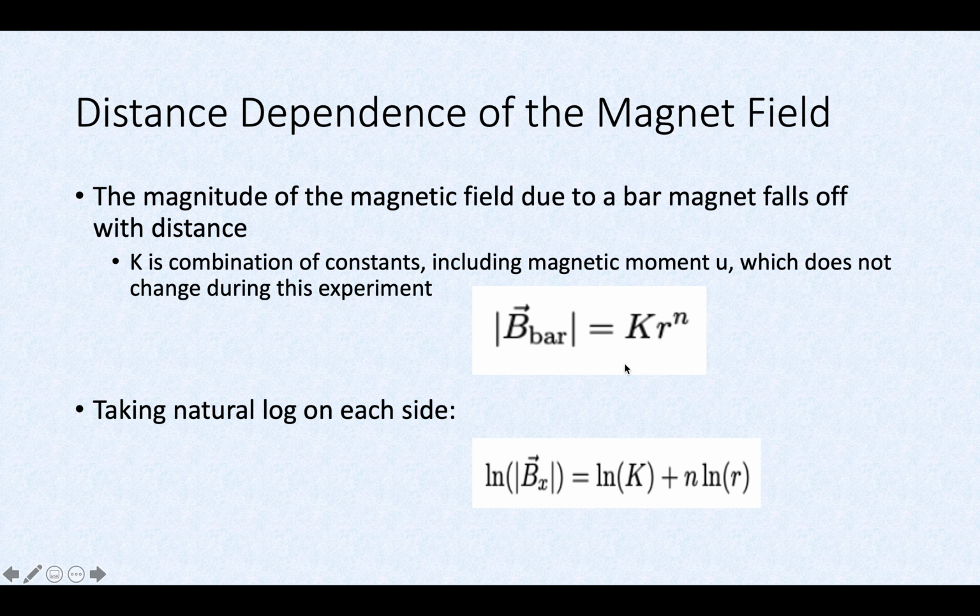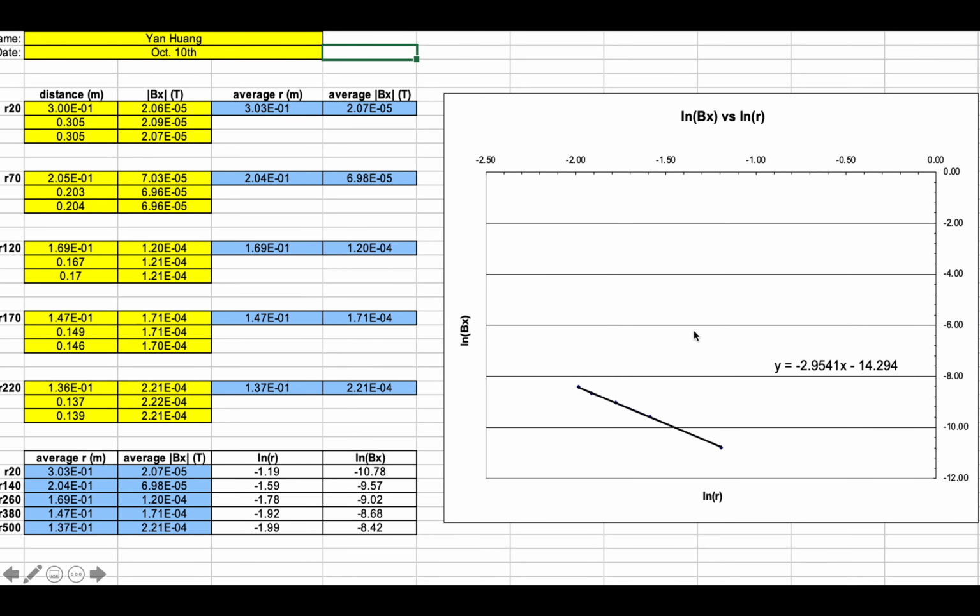And the K we see here is a combination of constants including the magnetic moment, mu, which does not change during this experiment. However, this is not really clear and helpful to our experiment, but if we take a natural log on each side, we can model the natural log of the field as a linear expression of the distance and the constant K. And so this is the result.